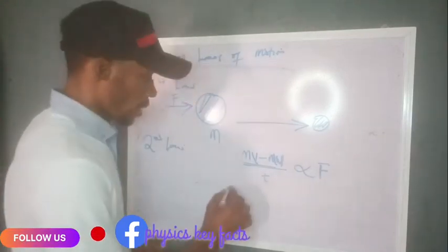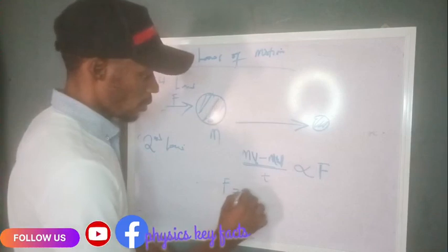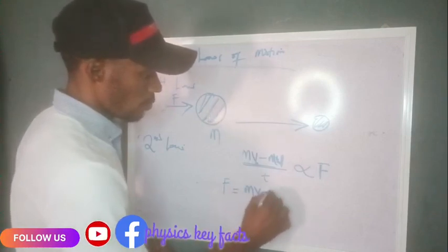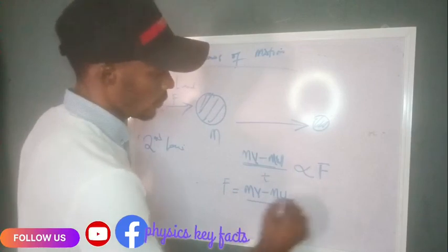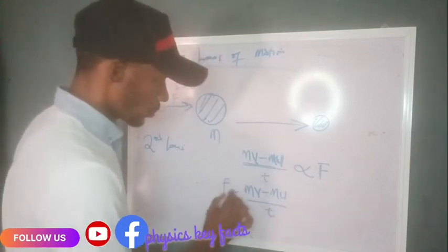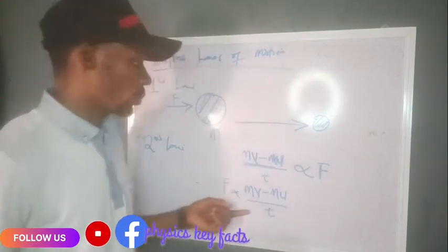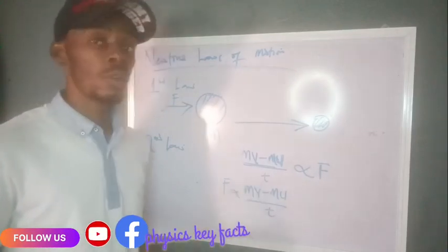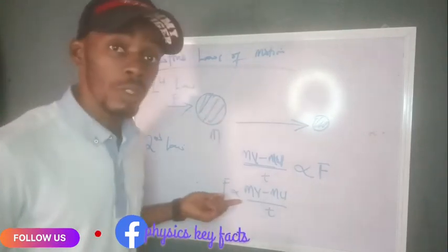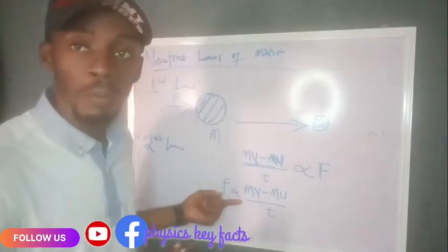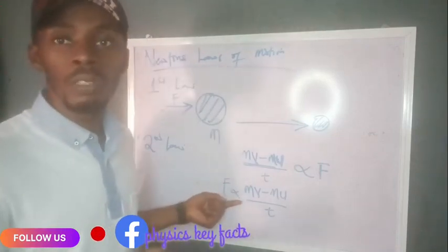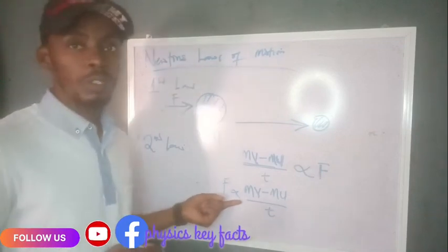So this can be written as F is directly proportional to mv minus mu all over t. If I want to remove this sign of proportionality, I will introduce a constant of proportionality.